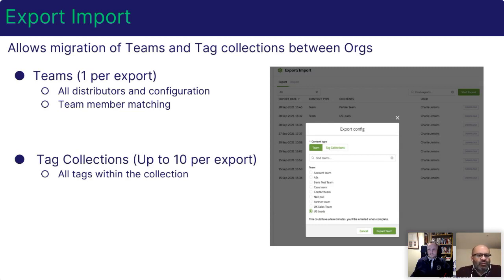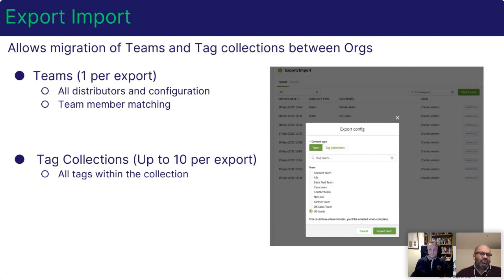So the way it works is you'll go into your distribution settings tab, click on the link for export import, and you'll either define one team or up to 10 tag collections that you want to create as an export. This will create a JSON file that you can download to your local machine.